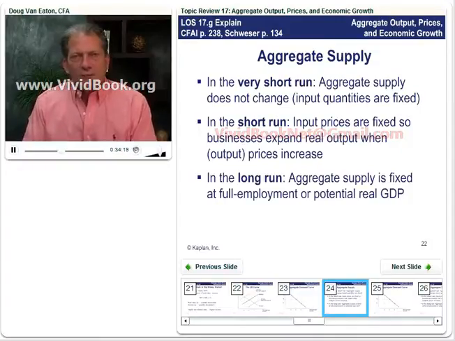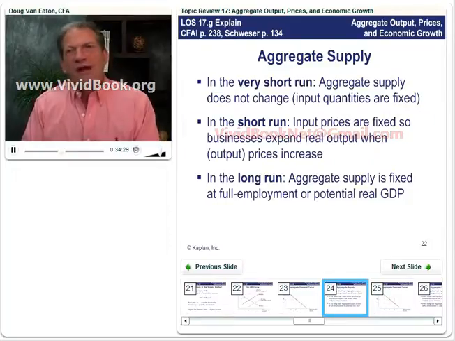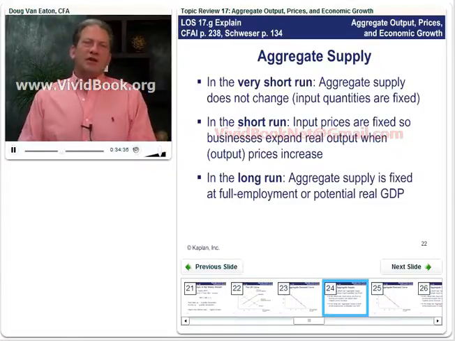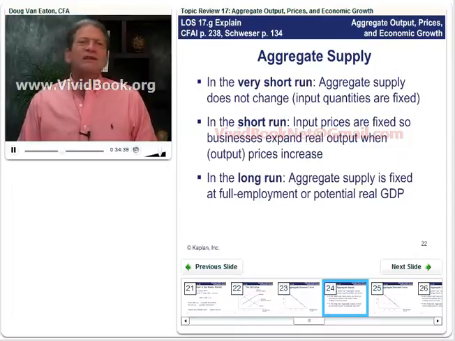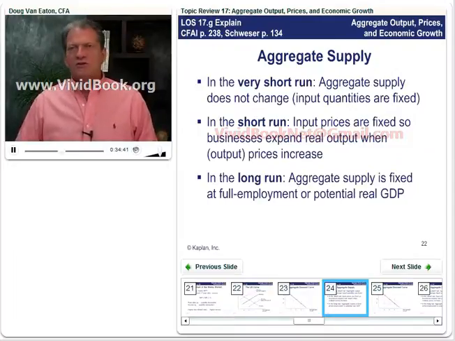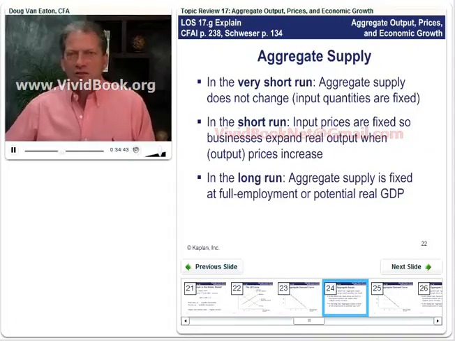We're going to define the aggregate supply curve over three time horizons. In the very short run, aggregate supply doesn't change. Input quantities are fixed. We're not concerned with the very short run. We're concerned with the short run and the long run. And how do we differentiate those in this model of the overall economy? Well, in the short run, input prices are fixed, especially wages.